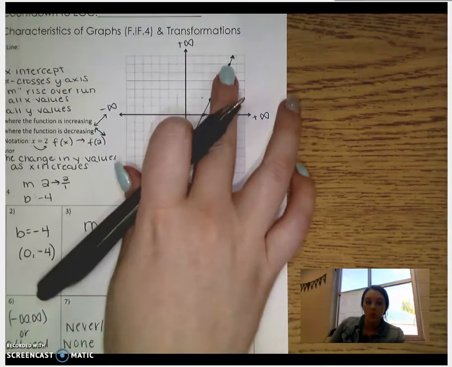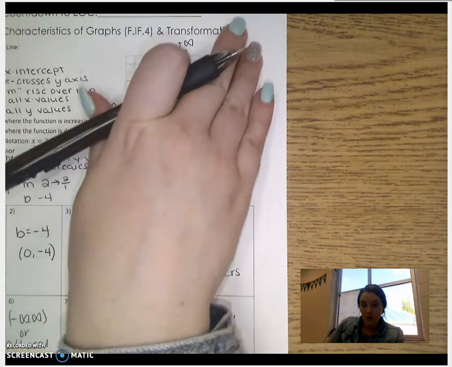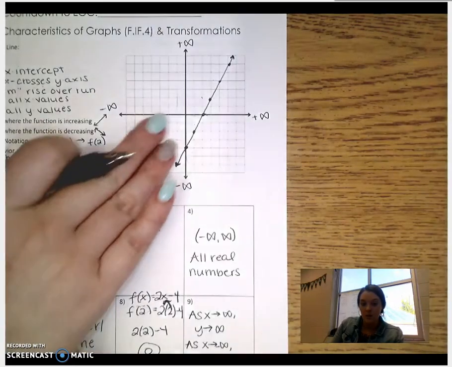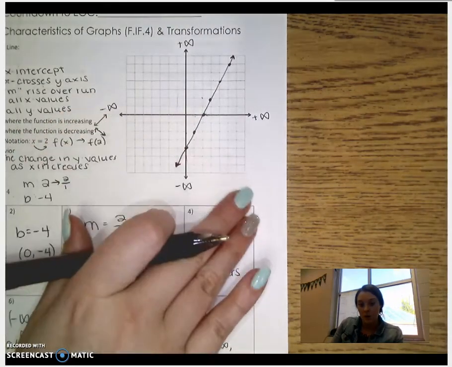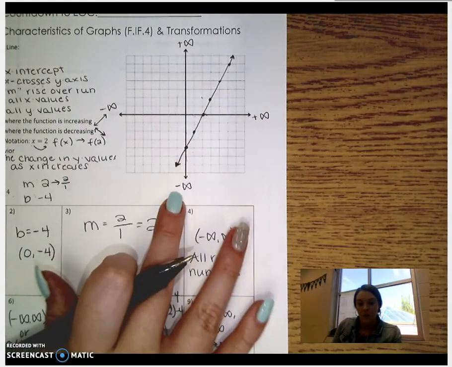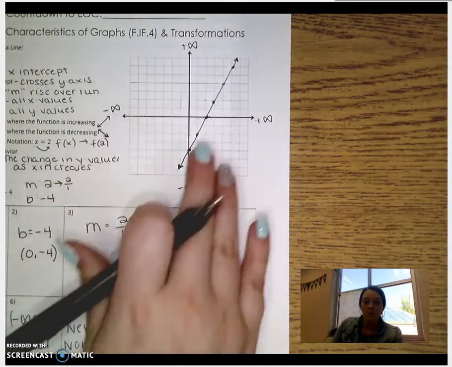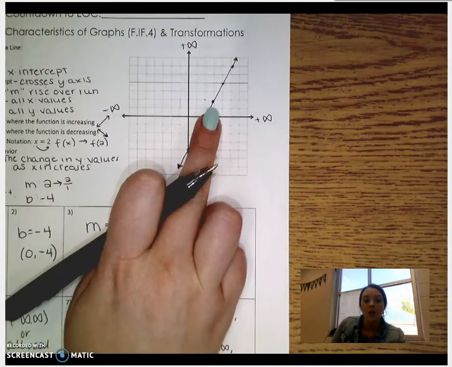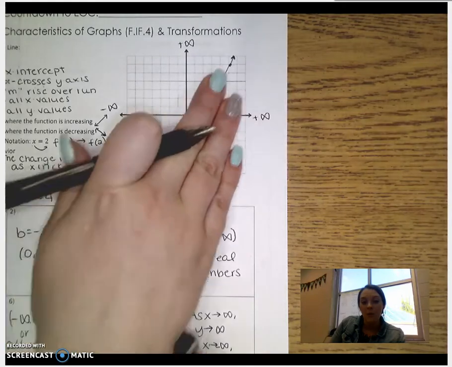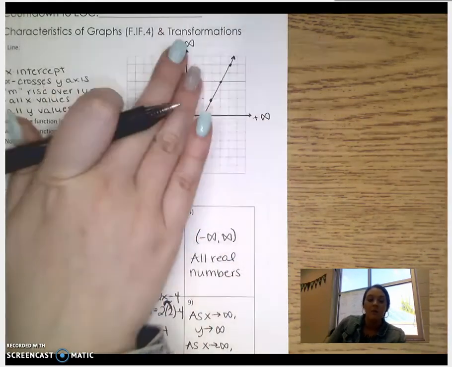So as you move in this quadrant, you're going positive and positive. If you were doing this quadrant, it would be positive and negative. You're positive in your x direction, negative in your y direction, and so forth. So sometimes it helps me to label those so that I know if I'm moving this way, I'm going positive for both my x and my y.